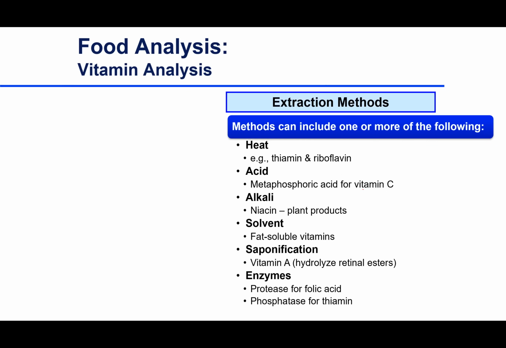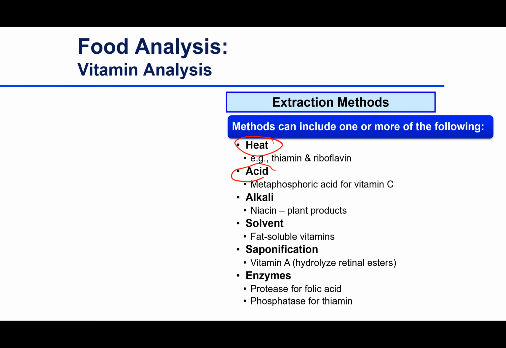Okay, so lots of different extraction methods, as you would guess, because there's lots of different structures that we're dealing with. For example, with thiamine and riboflavin, you apply high heat. They are relatively stable to that high heat.